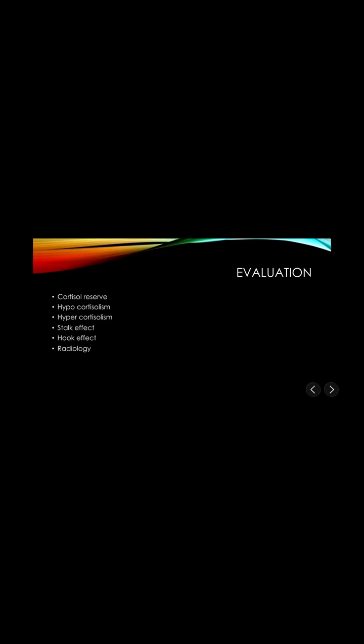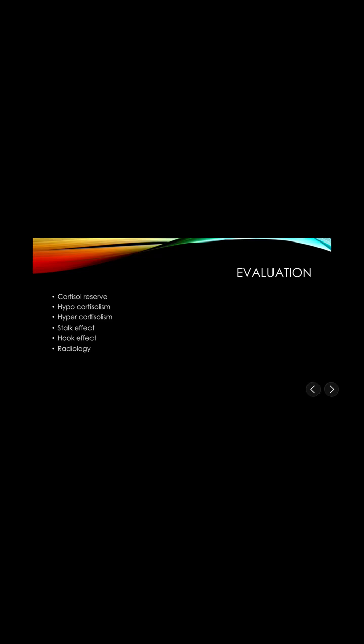So first of all, you have to look at the cortisol reserve. In the cortisol reserve, you do the cosyntropin stimulation test. Cosyntropin is just like an ACTH. So you give ACTH, and before giving the ACTH or cosyntropin, you take a baseline cortisol level, whether fasting or non-fasting, it doesn't matter.